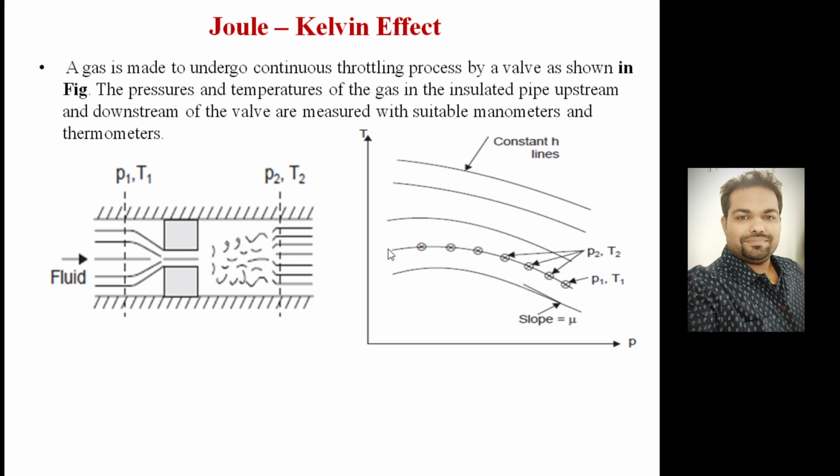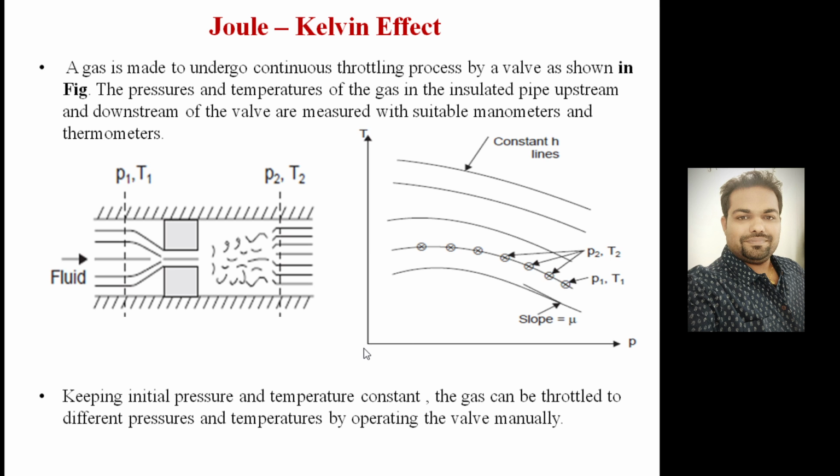As I mentioned, a gas undergoes continuous throttling via the valve. For a given initial pressure and temperature, it can be throttled to any condition. All these points you are getting will be equilibrium points, and you can draw a line passing through them, and this line is known as the constant enthalpy line.